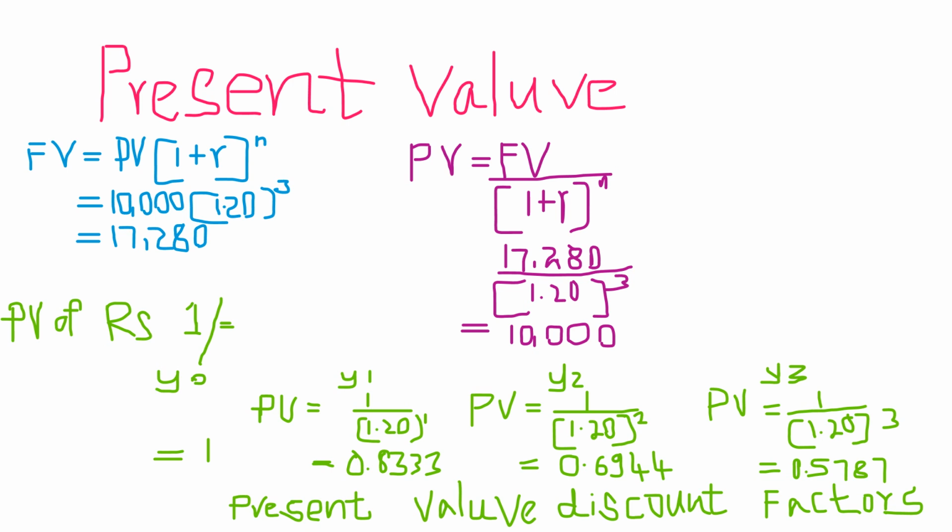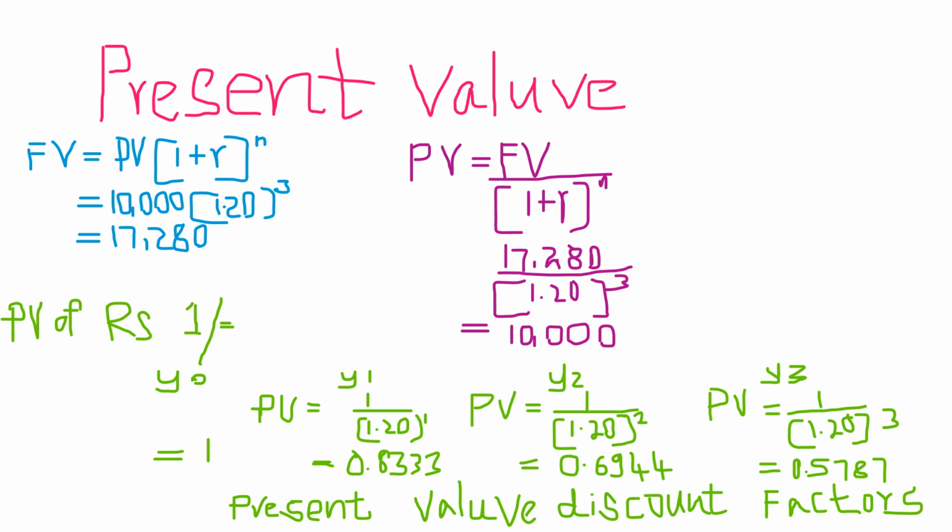At this moment, I wish to explain another concept that is also based on this present value formula. Here we are going to calculate the present value of rupees 1. In your country it may not be rupees, it may be dollars or any other currency. If you apply the present value of 1, you will arrive at different figures. Assume that you are in year 0, that is right now. In year 0, 1 is equal to only 1, so there is no depreciation.